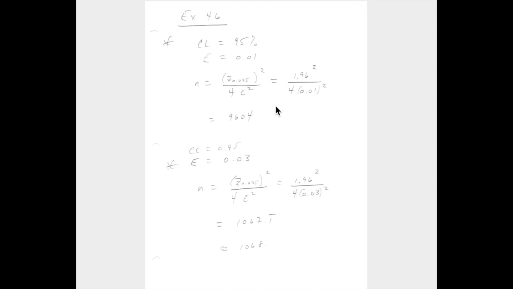I mean, 9,600 is not that big compared to millions and millions of voters. But anyway, if we were to select a random sample of size 1068, then we would get an estimator of the true proportion of voters who favor a particular candidate with a margin of error of no more than 3%.